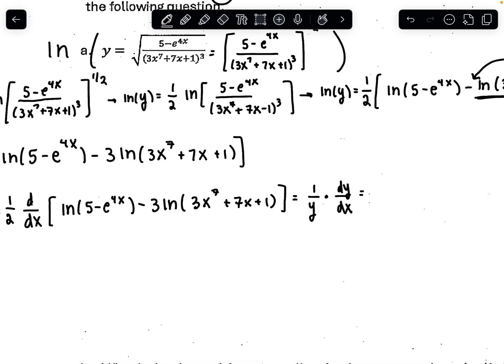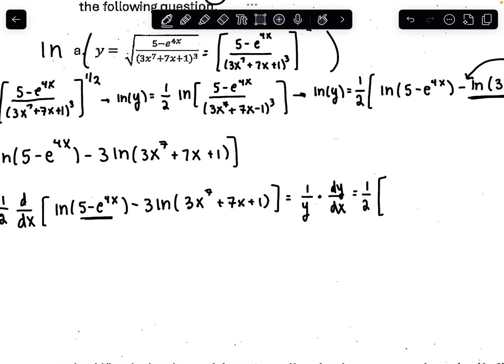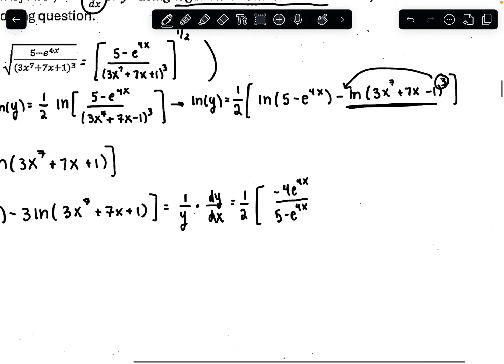So let's take this 1/2 and then do the derivative of each of these terms. The derivative of this piece is going to be the derivative of this divided by the original. So we'll have minus 4e to the 4x over 5 minus e to the 4x, minus the derivative of this piece.